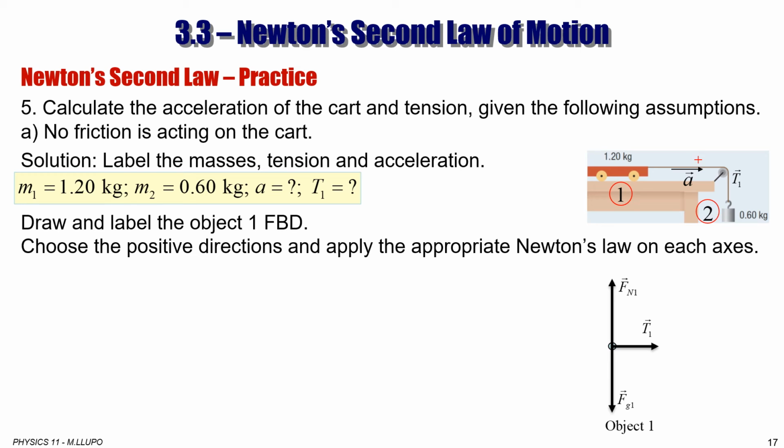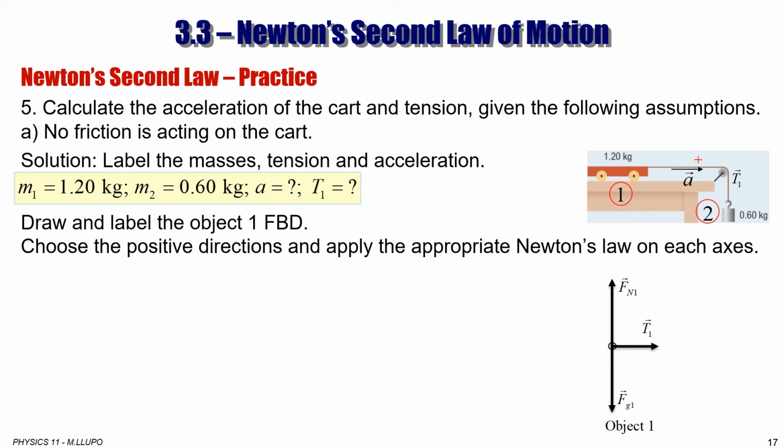The direction of the motion is the direction of the acceleration, and it is the direction that we label as positive, regardless of whether it is left or right, up or down. So choose the positive direction and apply the appropriate Newton's law on each axis. What does this mean? You can apply Newton's first law if there is no motion on that axis, or motion at constant velocity, which in this case is not true.